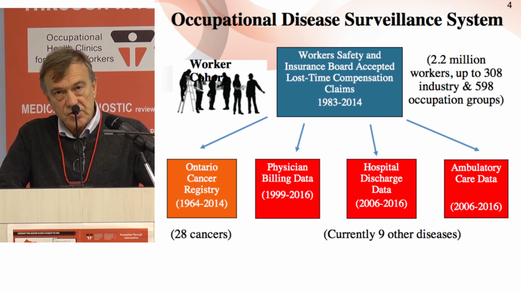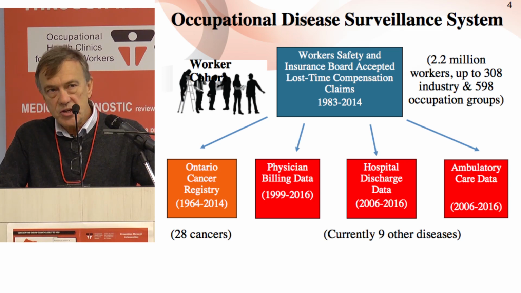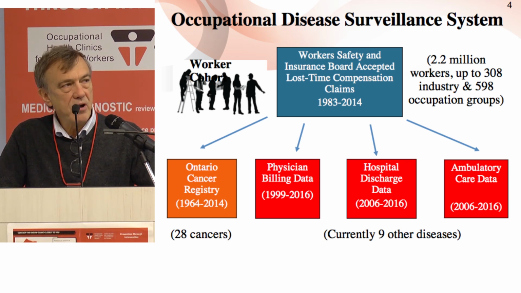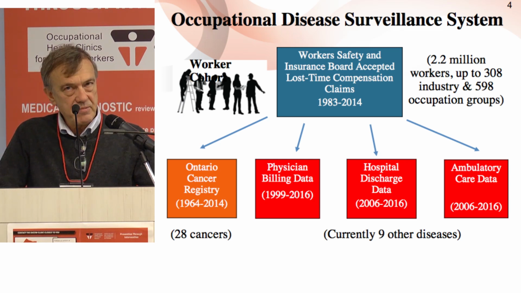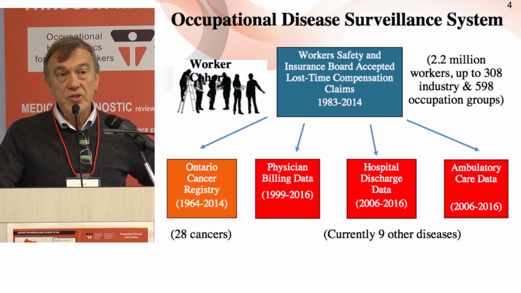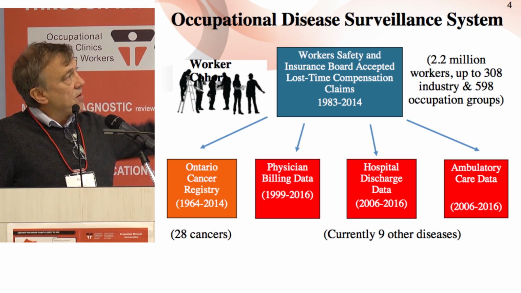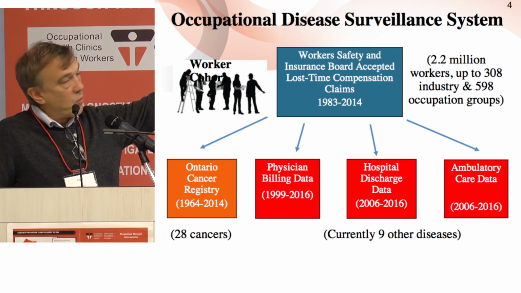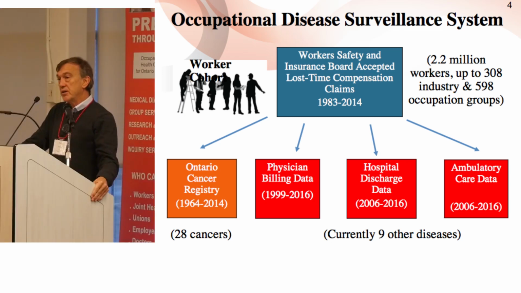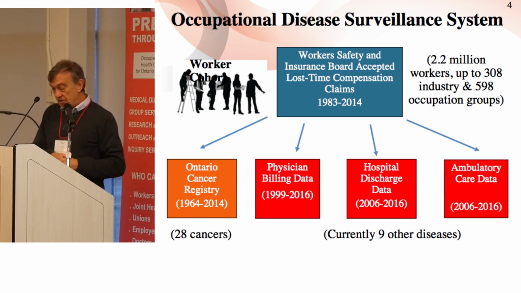So we created this system that uses data from the workers' compensation system, primarily from compensated lost time injury claims, of which there have been many over the decades, from people in high hazard industries. That allowed us to create what we call a workers' cohort of about 2.2 million people that we could then follow up for the risk of occupational disease.